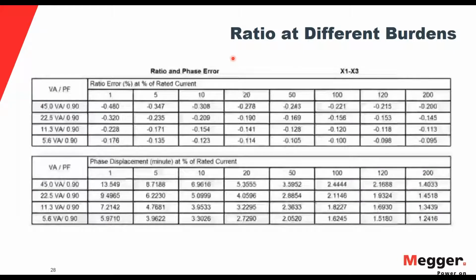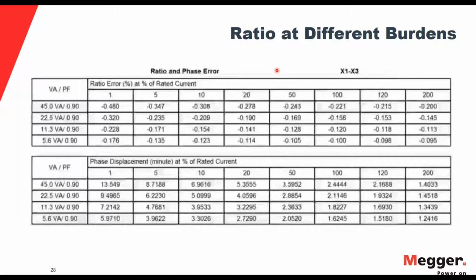If you do that voltage ratio test, then from that ratio you can get the error directly at different rated currents. This is very, very important when you're doing metering CTs, to check the error at different rated currents.